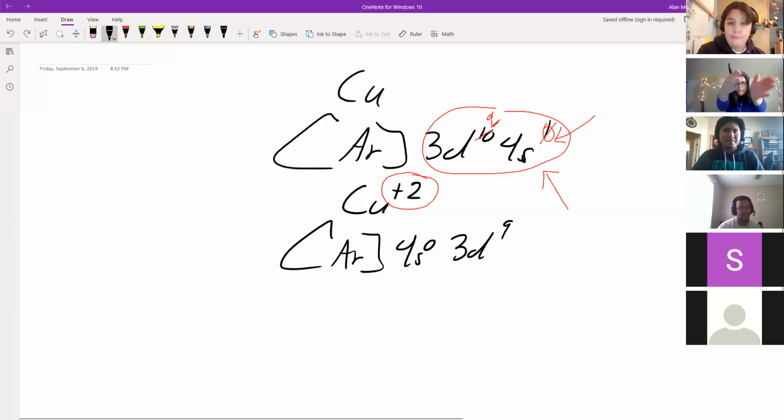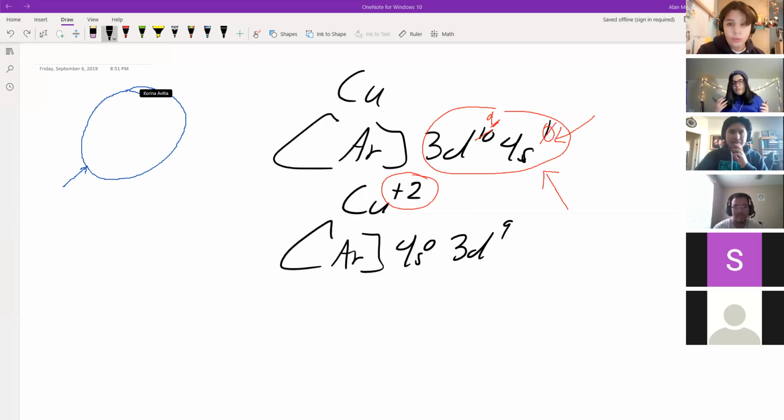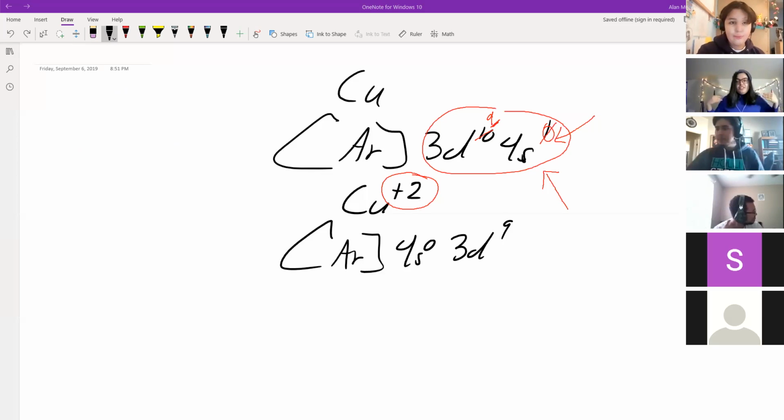You cut it from the outside and then work your way in. It's the same thing with the electrons. You want to take your electrons from the outer shell first before you start moving towards the nucleus. Does that make sense?